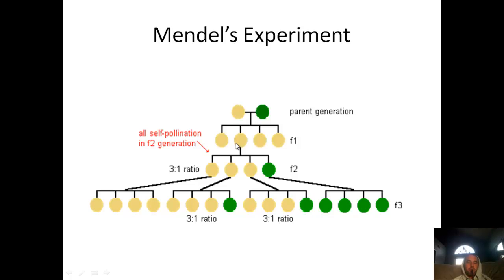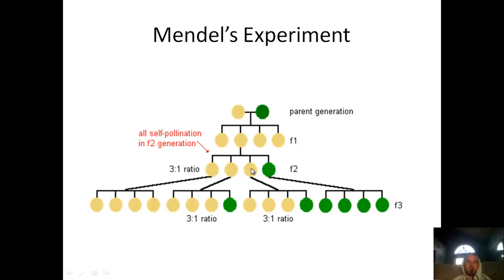So after crossing these yellow plants that all are yellow, what he then gets is a ratio. So he probably did hundreds and hundreds of plants in each generation. If you remember from the last slide, he tested on over 29,000 plants. So what he comes up with, he's got a big plot of plants.